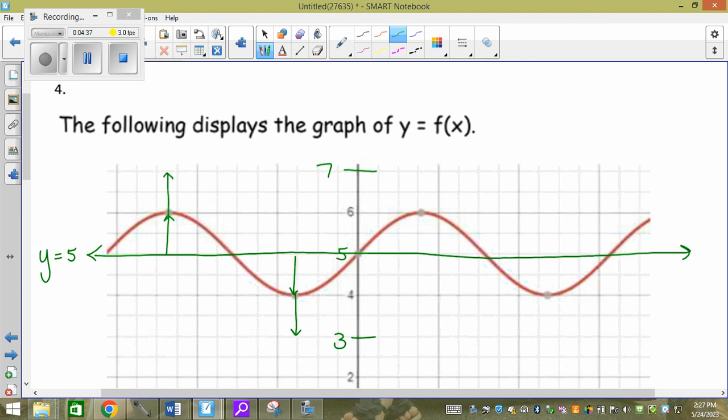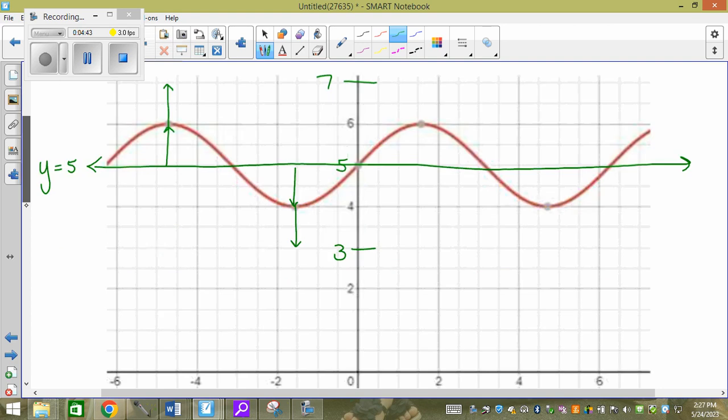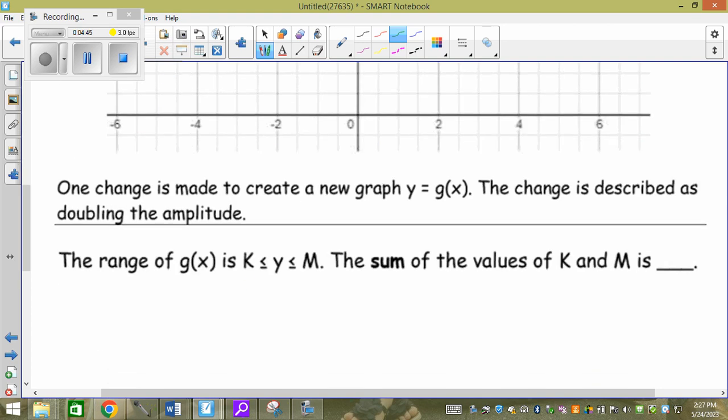So you're just doubling that half distance, right? So we're going from 3 to 7. It's always min to max, y is greater than or equal to 3 and less than or equal to 7. And it wants the sum. What does sum mean? Add them. So what's 3 plus 7? 10.